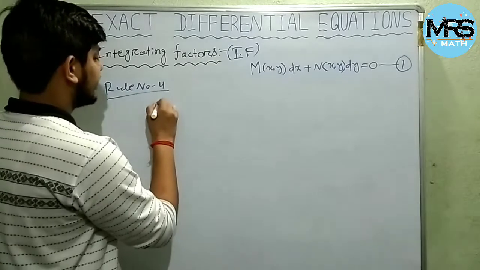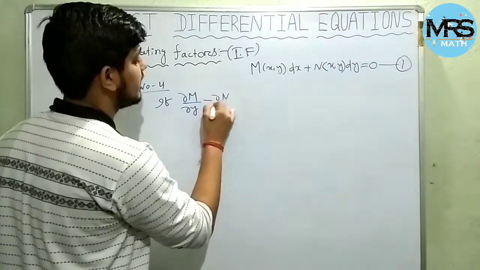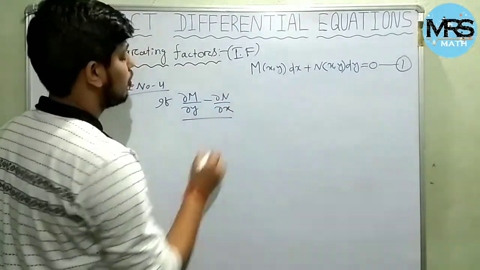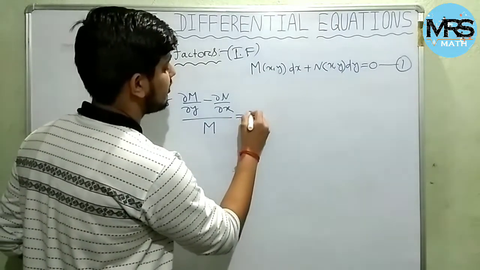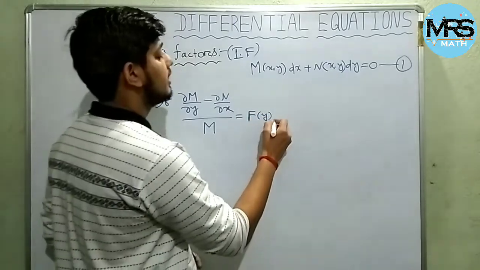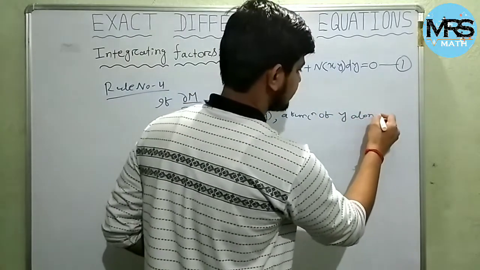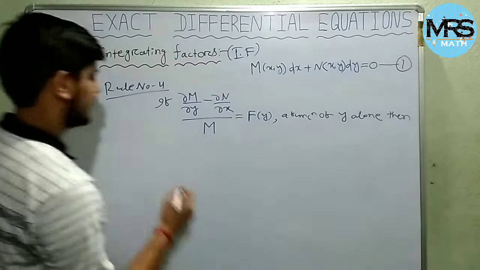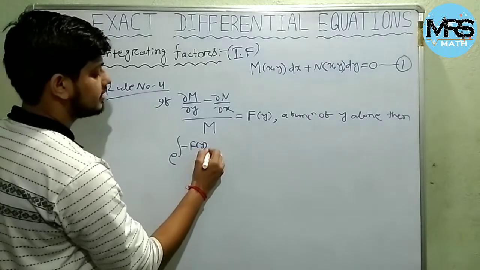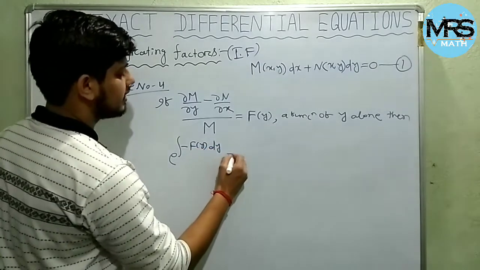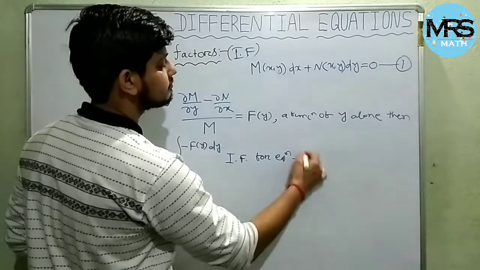That is, if (del m by del y minus del n by del x) over m equal to f of y, a function of y alone, then e to the power minus integral of f of y dy will be an integrating factor for equation number 1.